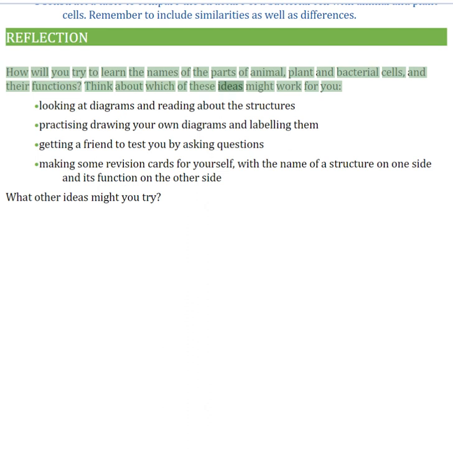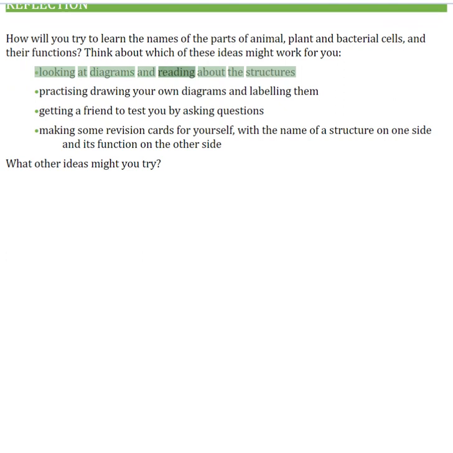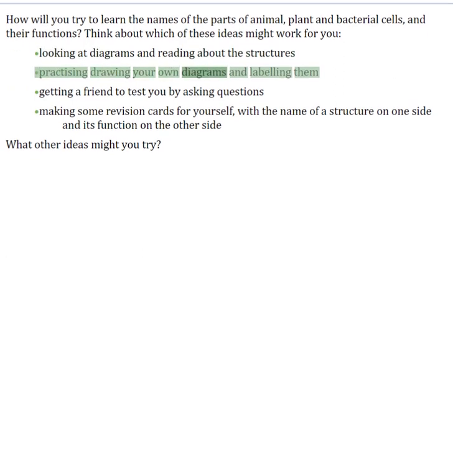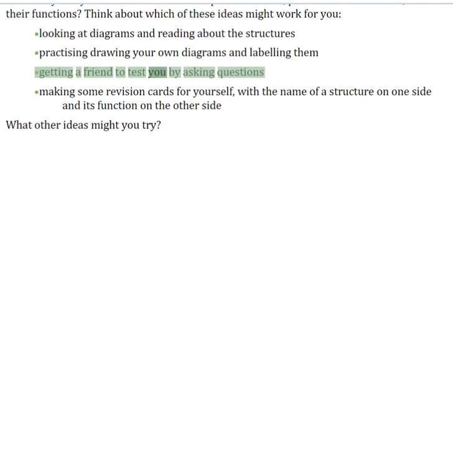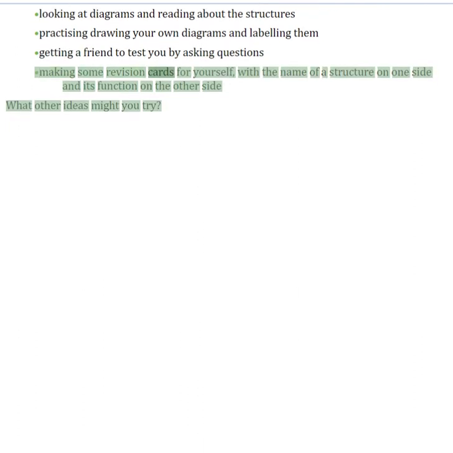Think about which of these ideas might work for you. Looking at diagrams and reading about the structures. Practicing drawing your own diagrams and labeling them. Getting a friend to test you by asking questions. Making some revision cards for yourself, with the name of a structure on one side and its function on the other side. What other ideas might you try?